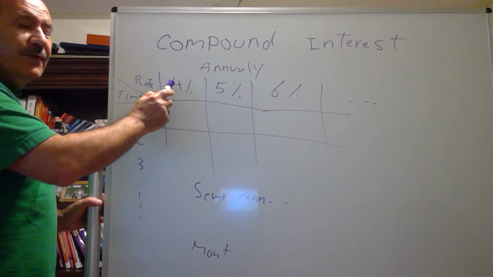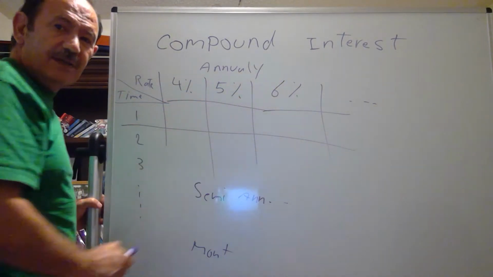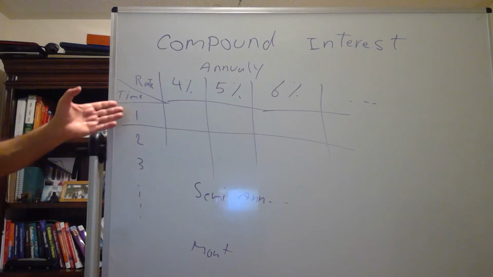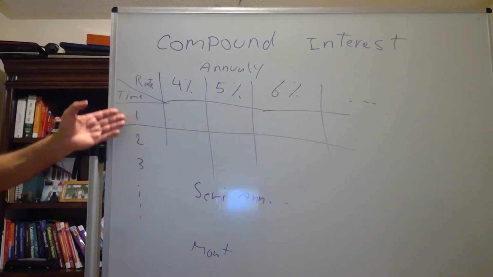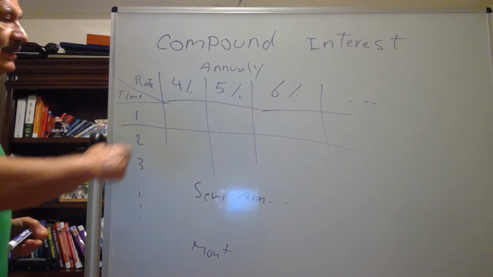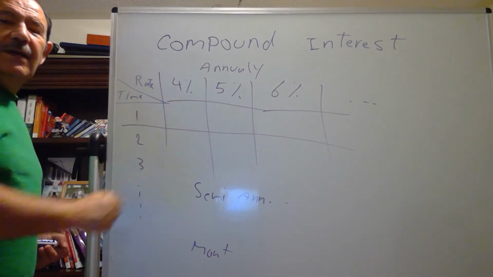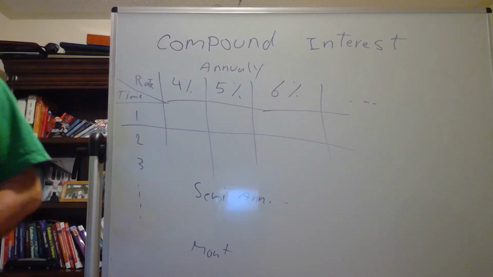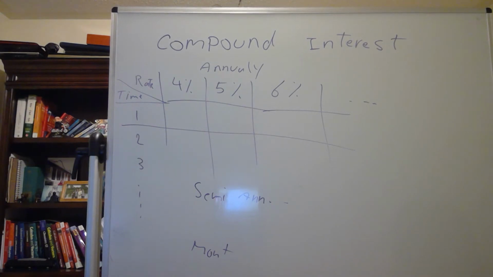Then pay attention to the rate, which rate we are using. Then pay attention to the period: 1 year, 2 years, 3 years, and so on. The values written here are for $1. As an example, if I use the compound interest table, let me just find it.